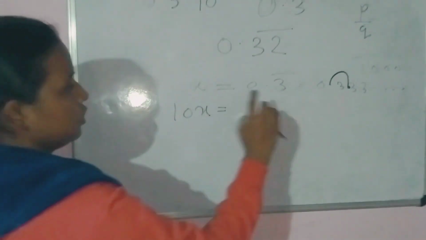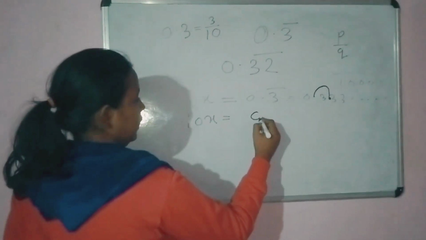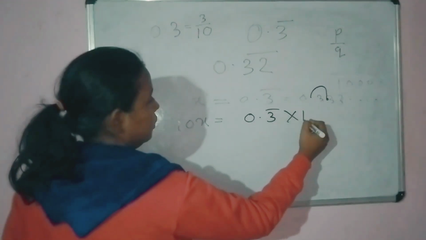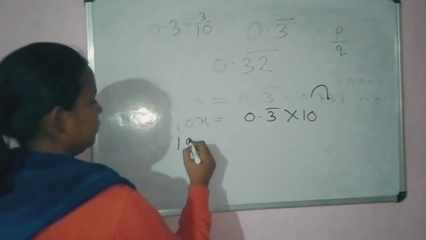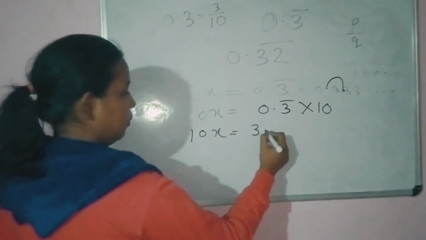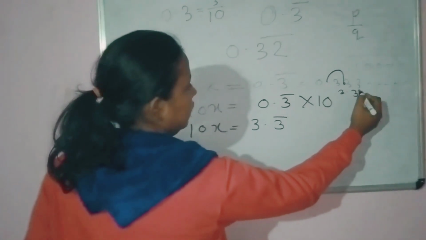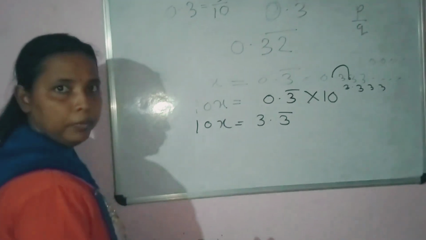So 10x will be 3.3 bar, because it will be like 3.3333.